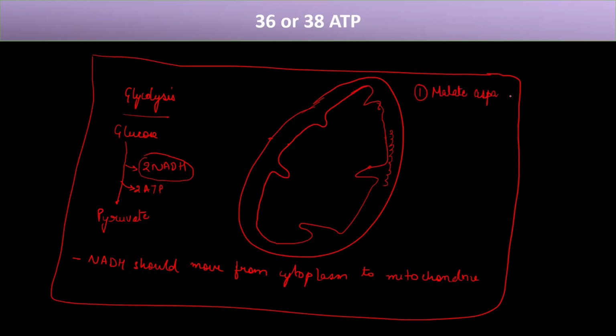And the second shuttle is known as the glycerol 3 phosphate shuttle.